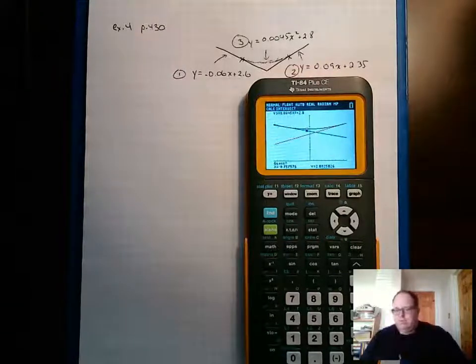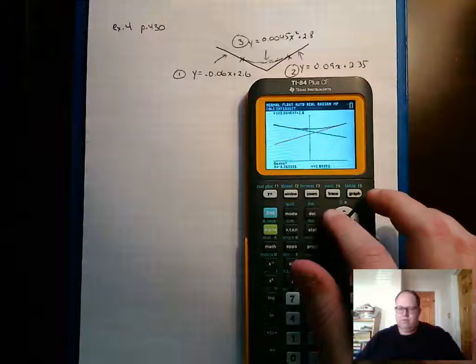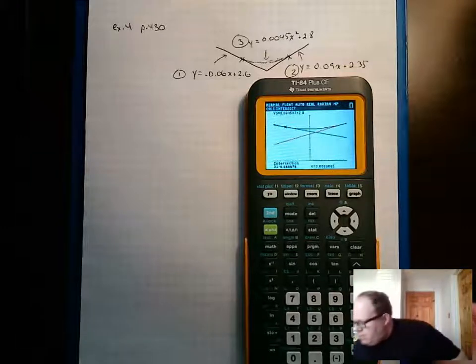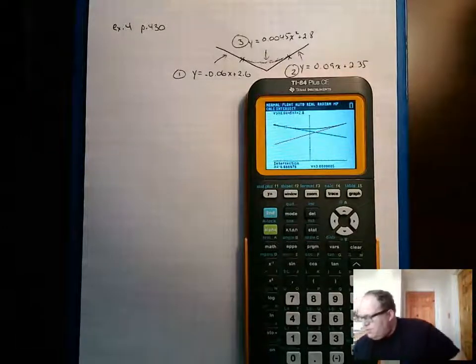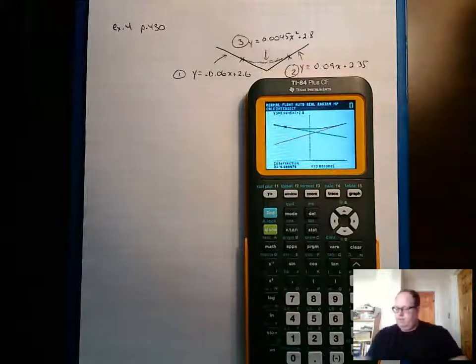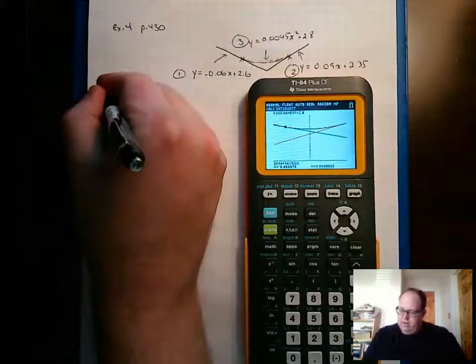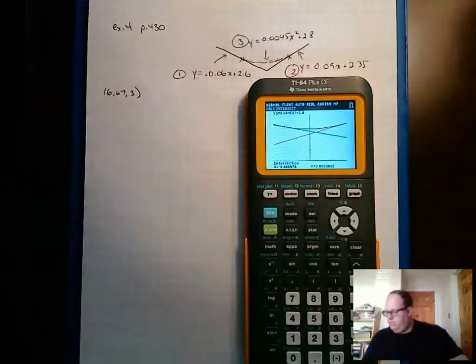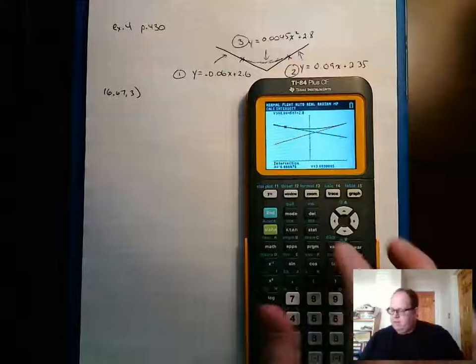And then my guess, doesn't really matter, I don't really need to move it, but it's over here somewhere. And it finds that intersection point for me. It's a little hard to read on there, but that's at about 6 2/3, or 6.67 and 3. I'm just going to jot these down off to the side for myself. 6.67 and 3.